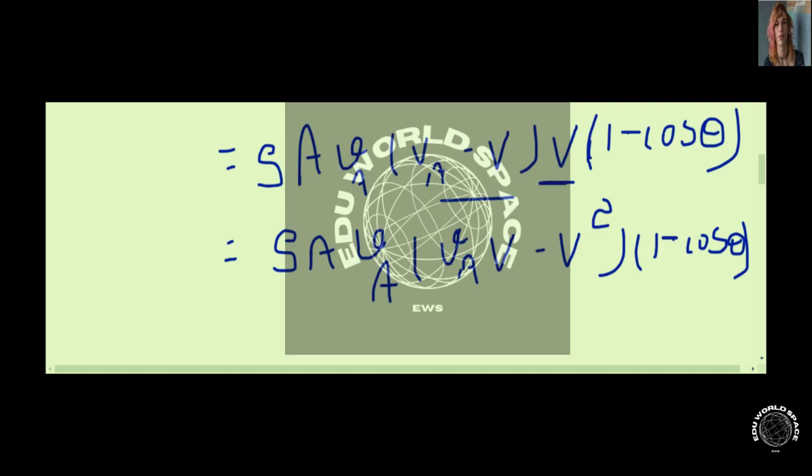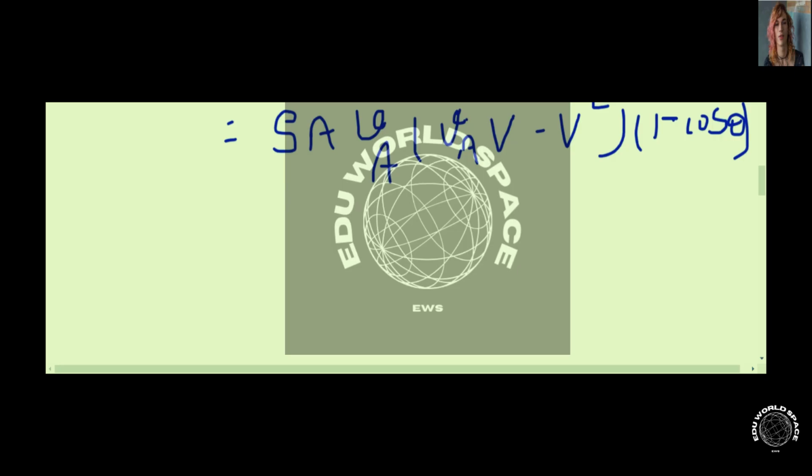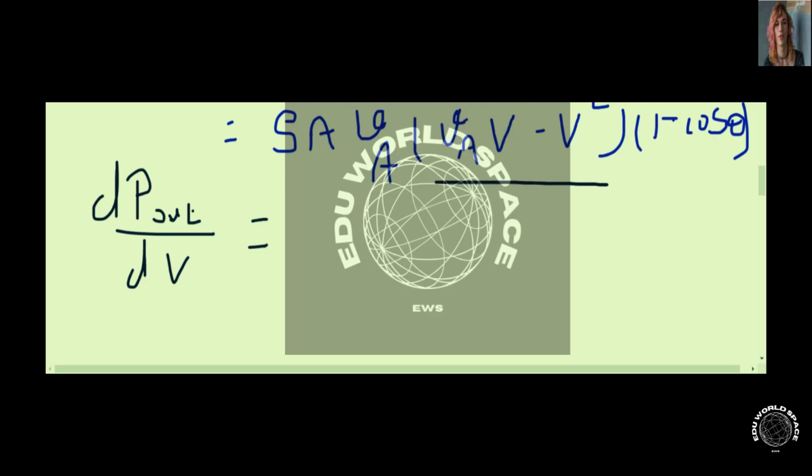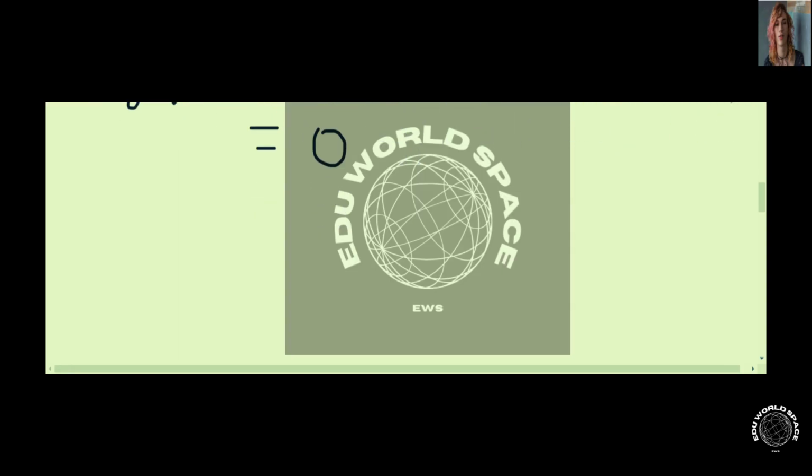Now the velocity for maximum output power can be calculated as dP output upon dv is equal to, taking the derivative of this equation with respect to velocity v, rho A V_A times V_A, because dv upon dv is 1, minus 2v, the derivative of v square being 2v, into 1 minus cos theta, is equal to 0.